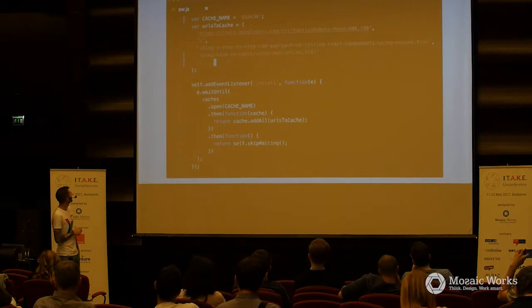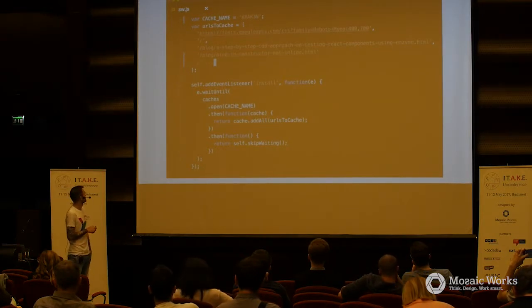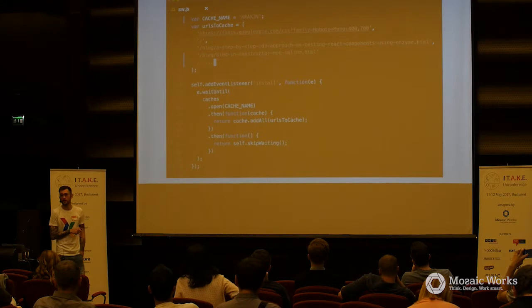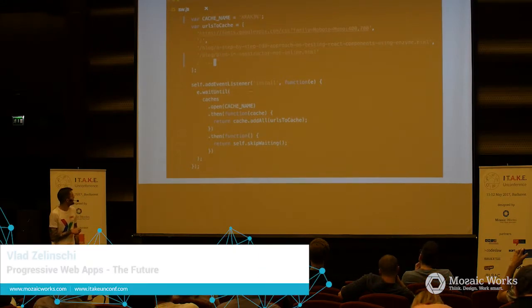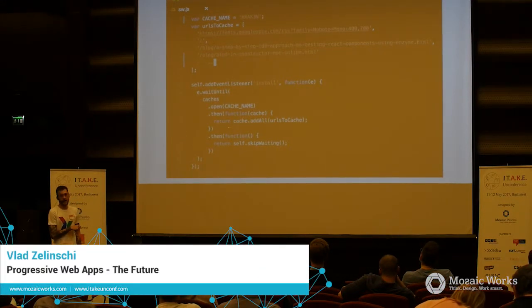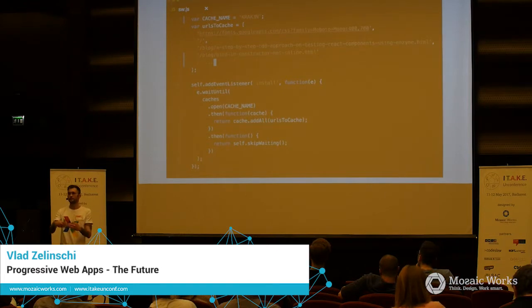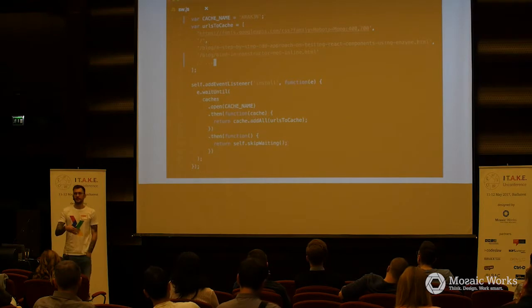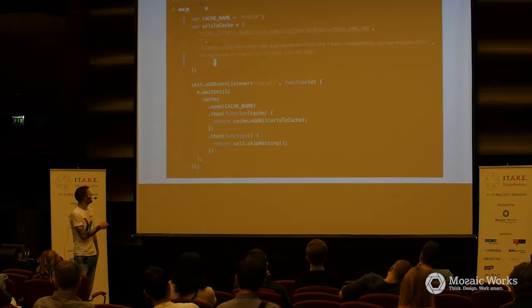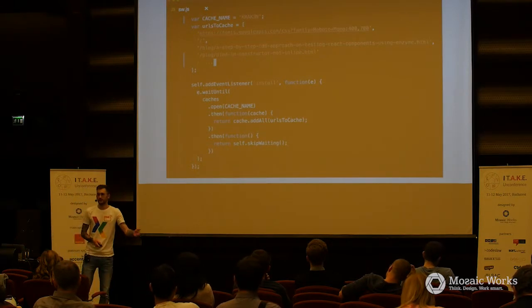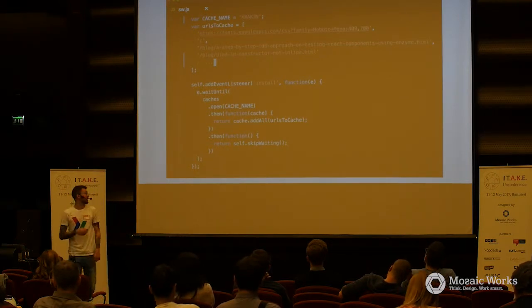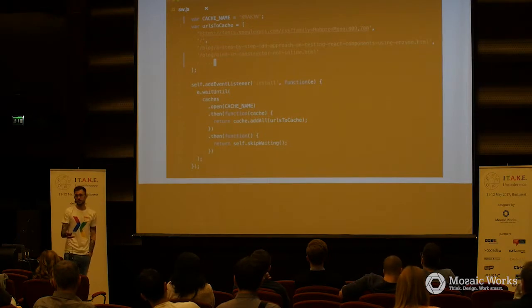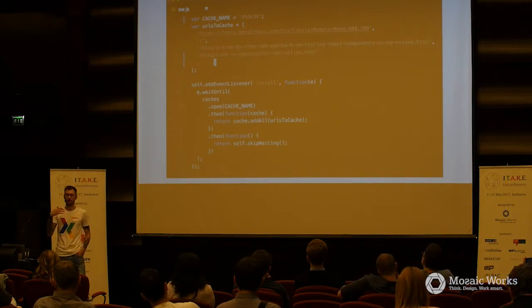This is an actual example from my website. And after we've registered the service worker, we can define a list of URLs, and we can add those during the install phase to a cache. So I'm programmatically creating a cache in my browser, and I'm adding all the static resources. These may be fonts or HTML files, for example, CSS, JavaScript, whatever. Think about the app shell especially. And you can add those things to the cache. They're going to be added in the background for you.